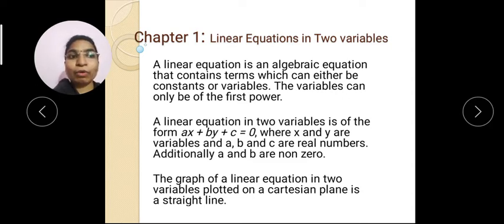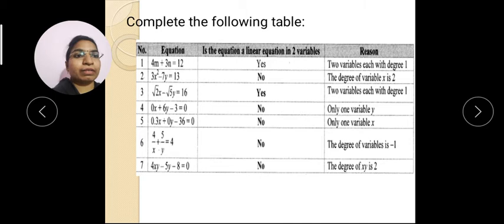Firstly we have to know whether the given equation is a linear equation in two variables or not. Then how to recognize? Okay, so let's see some examples.